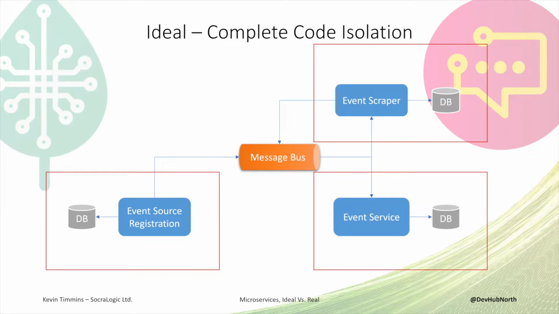Again, this is a bit of a double-edged sword, because to think about complete code isolation requires a lot of discipline. And as we're going to see in a little bit, it doesn't always work out this way. We've got to be very vigilant to keep code isolated.